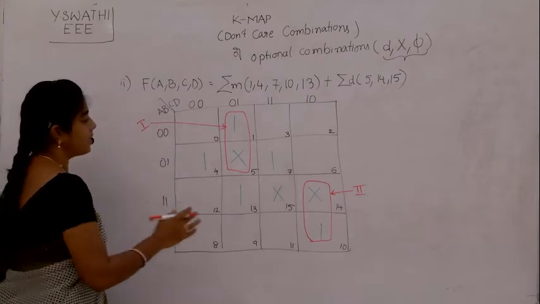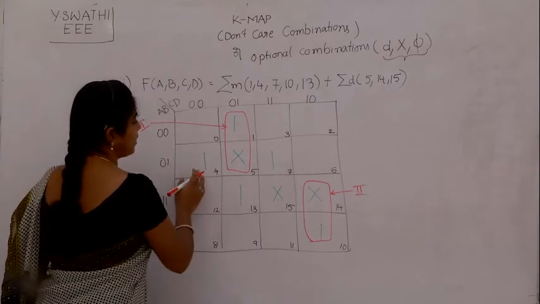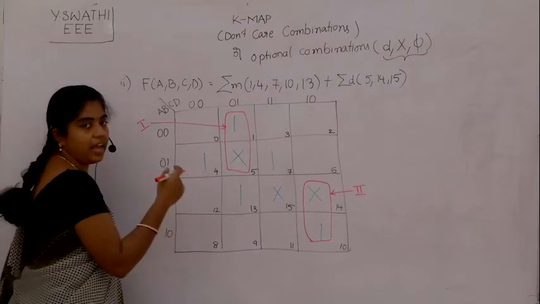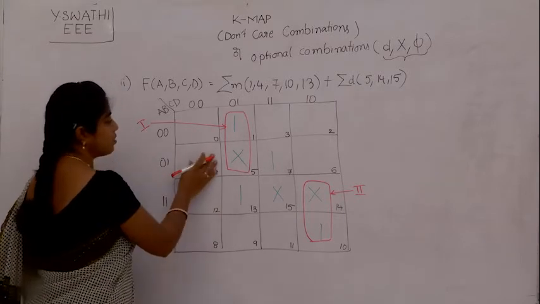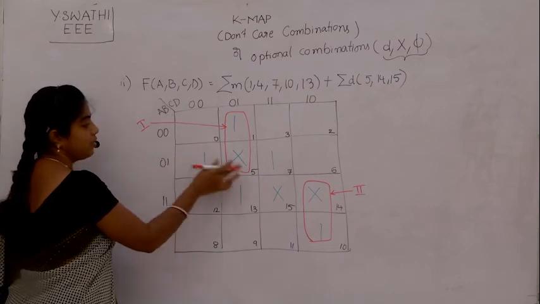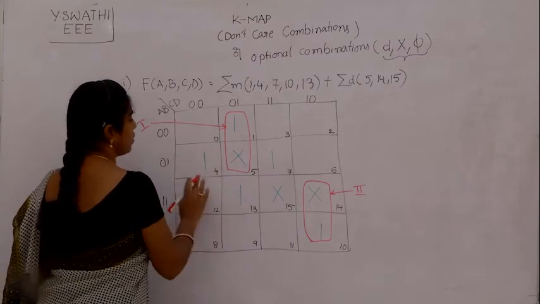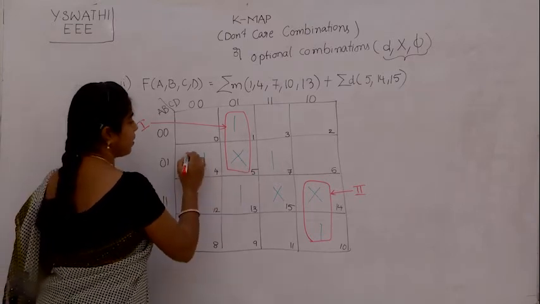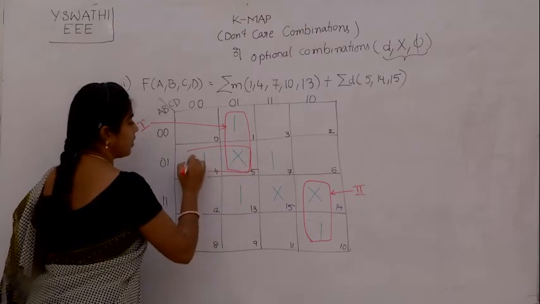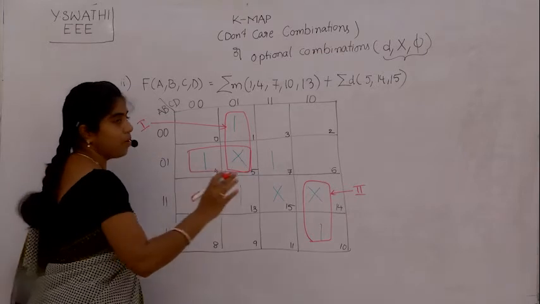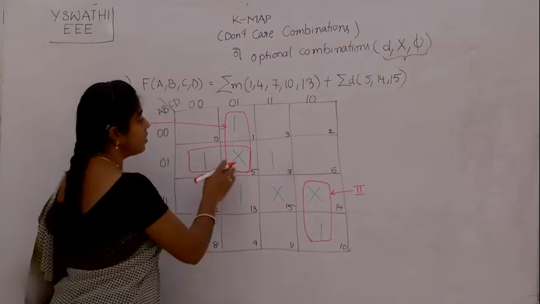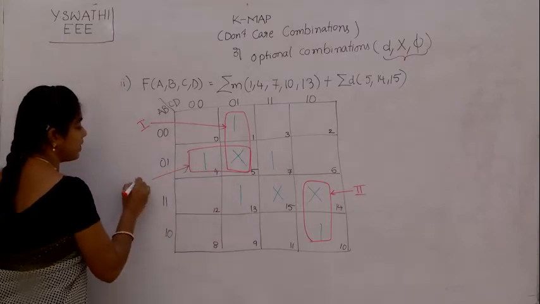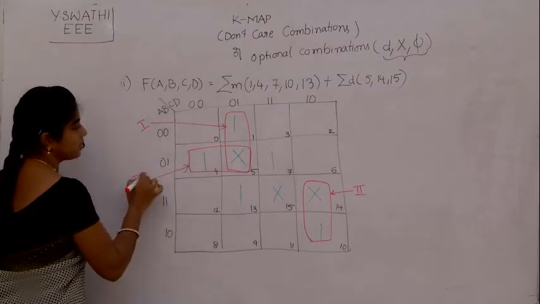And what are my rest of the combinations? I take this one as my next preference, because it is looking for one with these two. So this 4th cell can be paired with the 5th again. I can take this don't care combination as 1 here again, because it is helping us to reduce the form. This is my 3rd implicant.